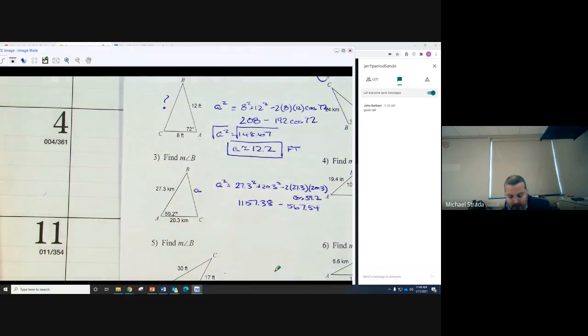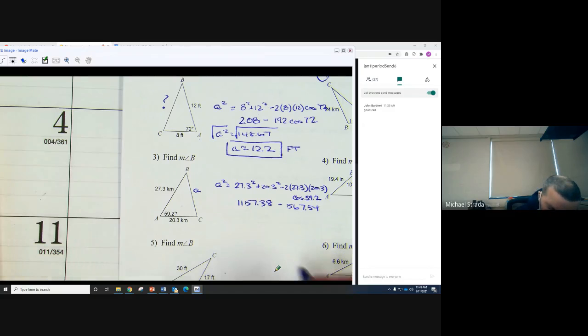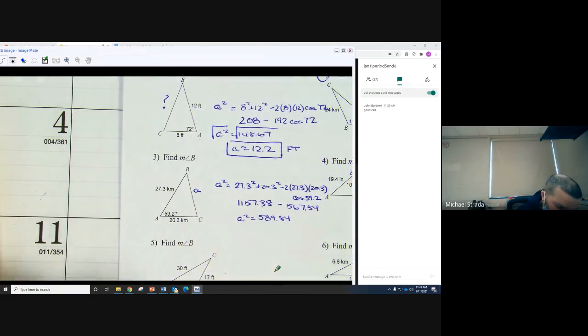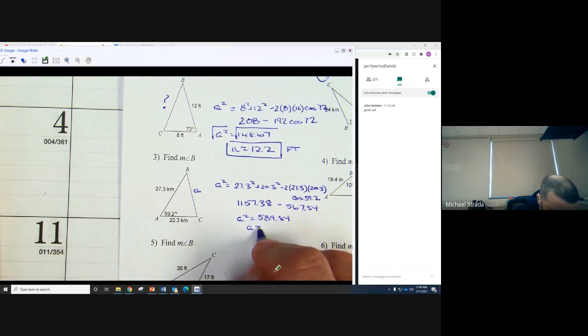All right. When I subtract 1157.38 minus 567.54, a squared equals 589.84. Then do the square root of that. And A is approximately 24.3.